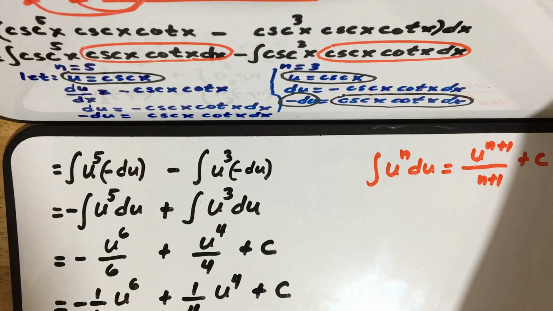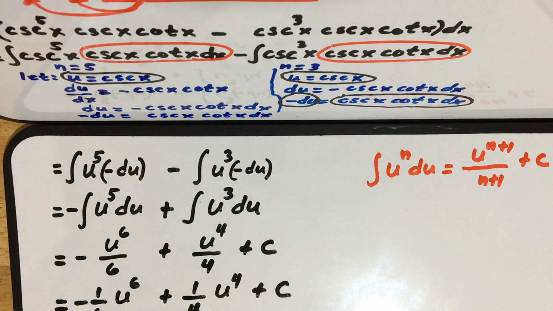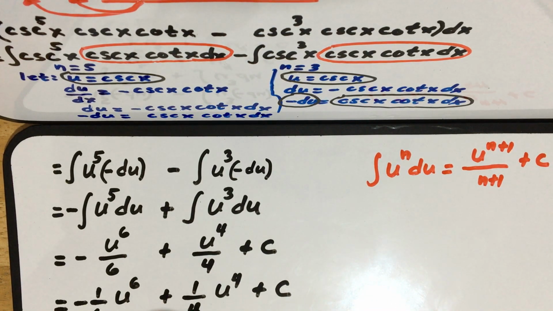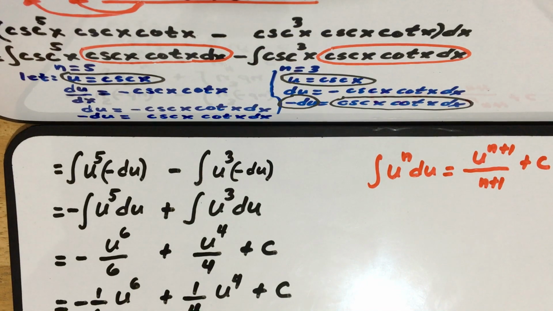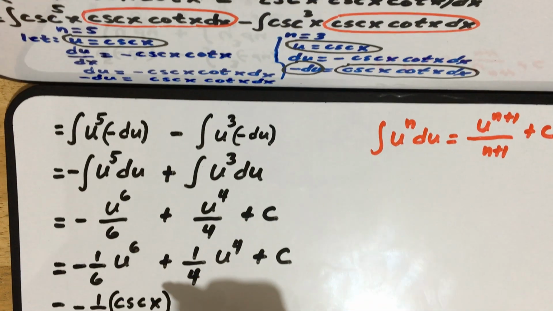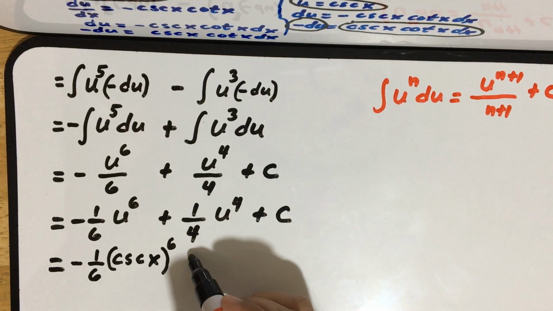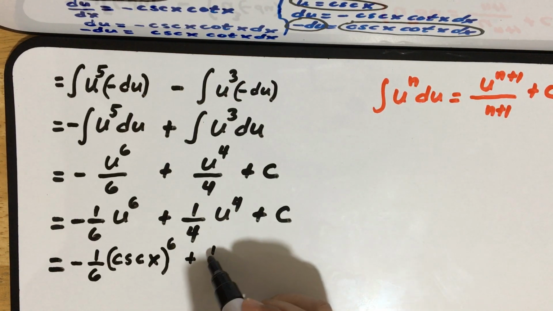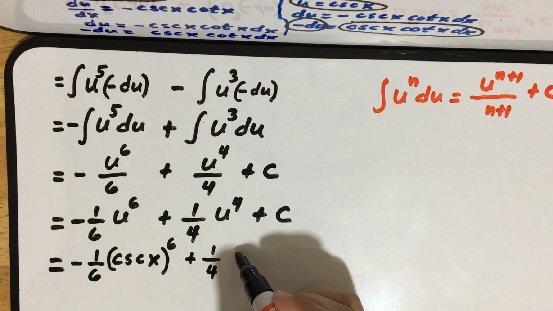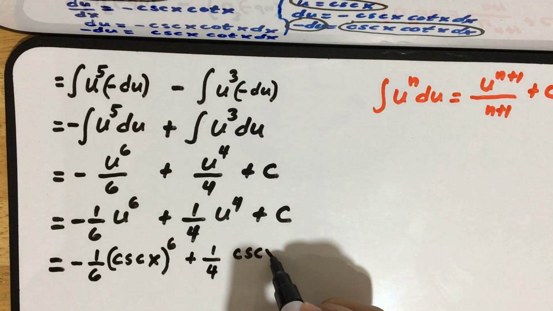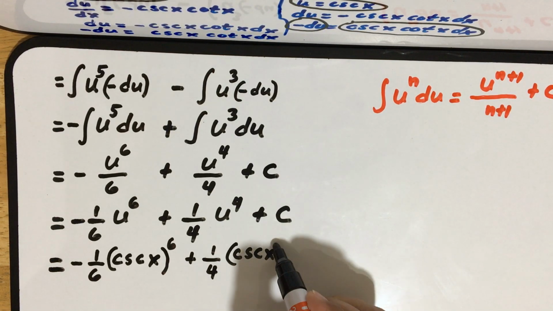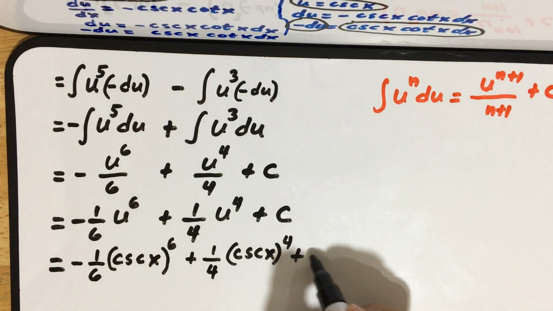So substituting, this is minus 1 over 6, then substitute the value of u, which is cosecant x, raised to a power 6. Then plus 1/4, u is cosecant x raised to a power 4, plus c.